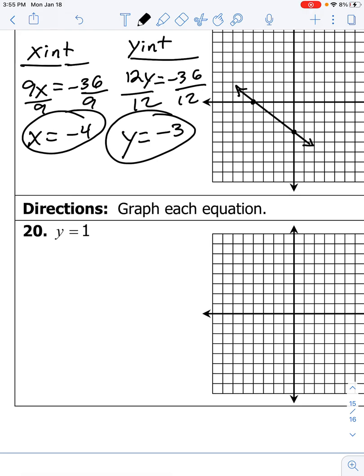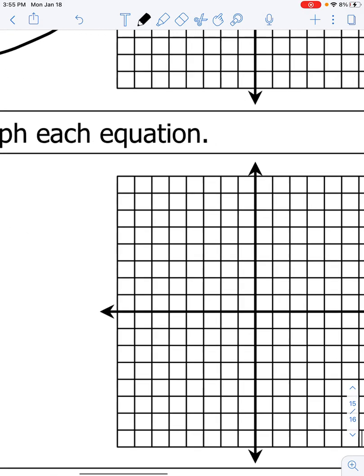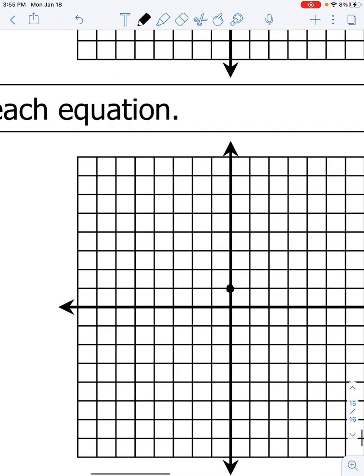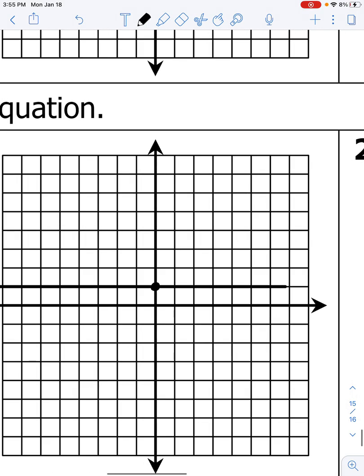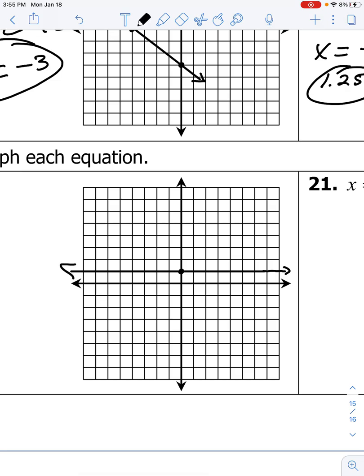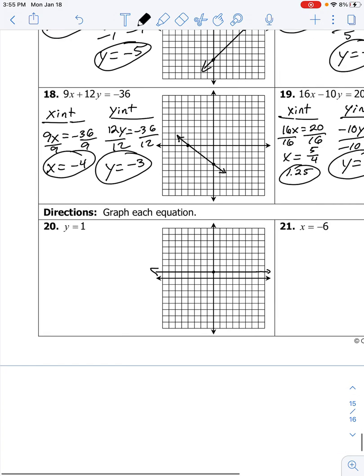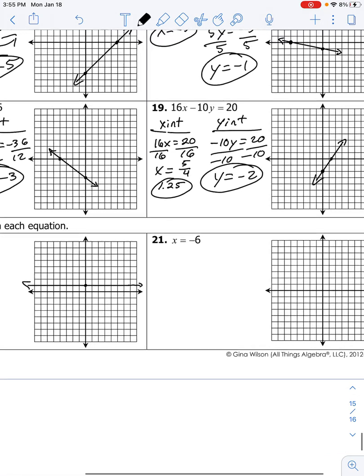Okay, number 20. This one's an easy plot. Y equals 1. Okay, a y equals is a horizontal line. And it's going to be at 1 because y equals 1. So horizontal line at 1. Oh, didn't get it all the way across. There we go. Like so.